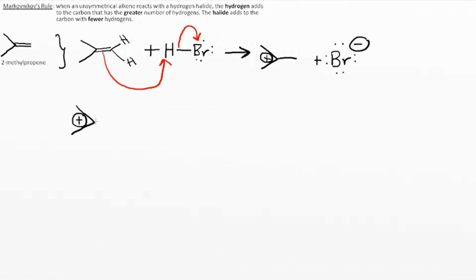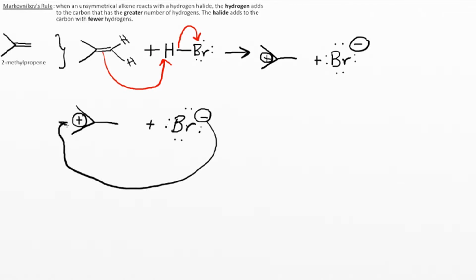Well, we have a carbocation and we have a nucleophile, and the nucleophile is the bromine anion that was formed from the original reaction. So naturally, the nucleophile will attack the electrophile. In this case, this bromine comes and attacks over here, and the final product will look something like this.